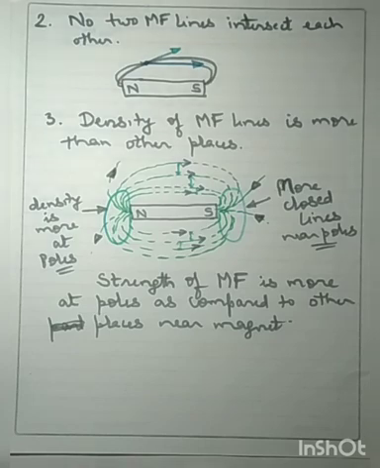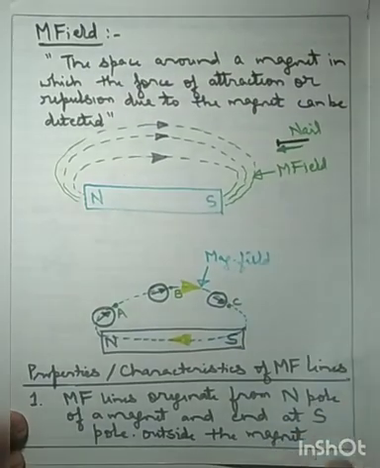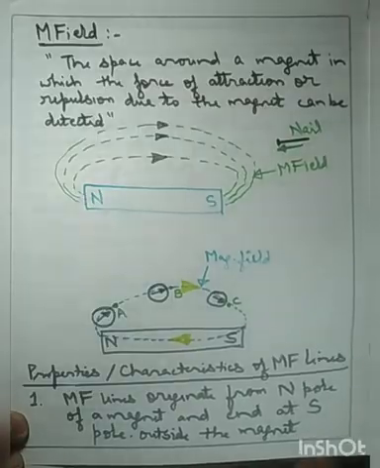So these are the three properties or characteristics of magnetic field lines. This is very important. You must remember these properties.